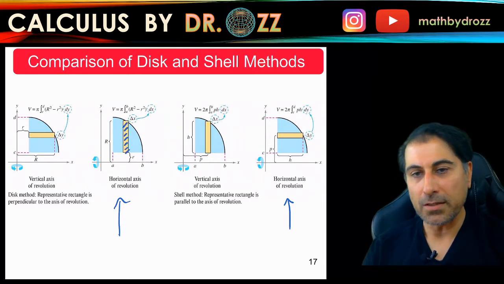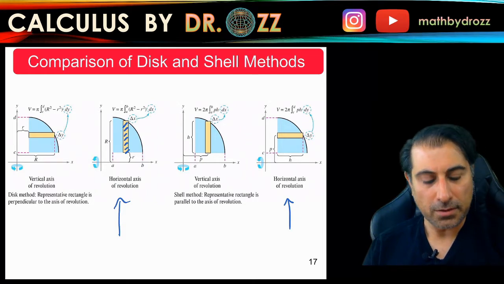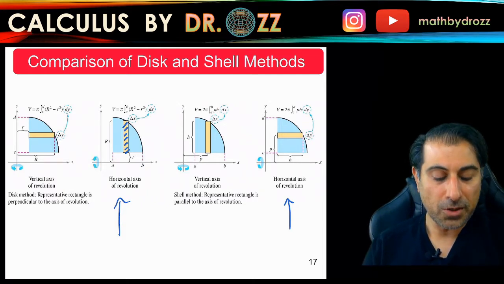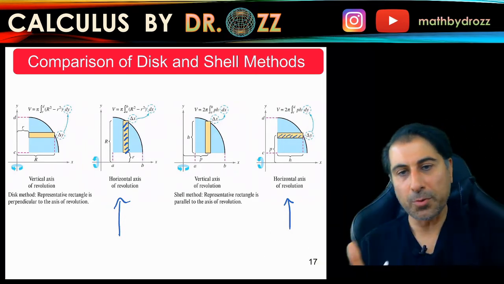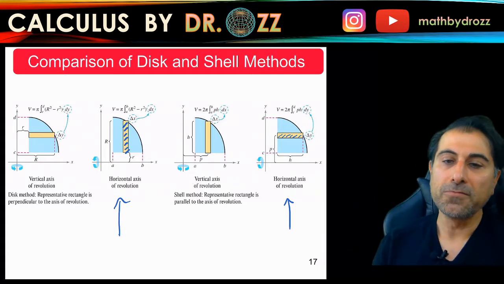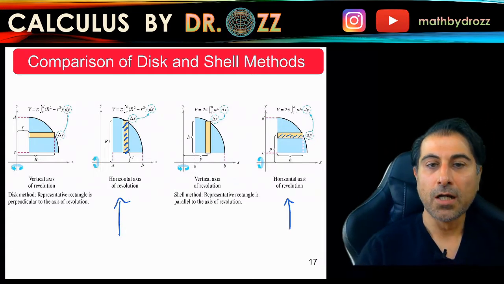And immediately to compare this to the last picture here, where we use the shell method, we're going to choose a rectangle parallel to the axis of revolution. So perpendicular versus parallel for disk versus shell method.